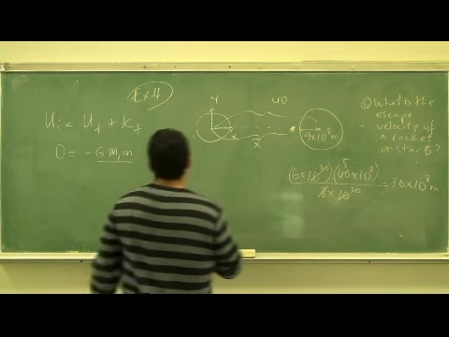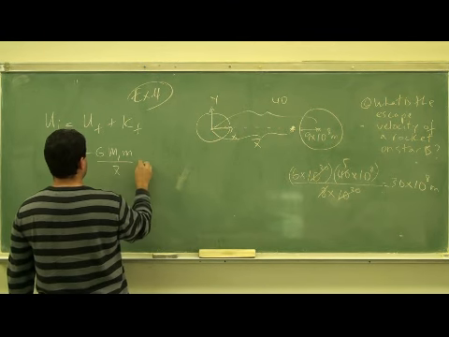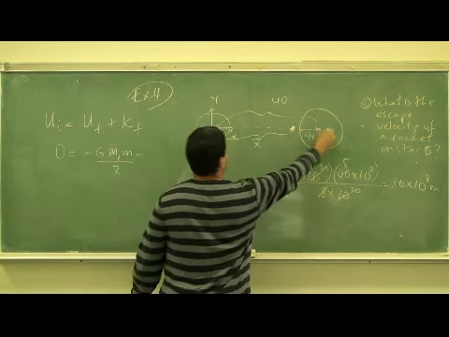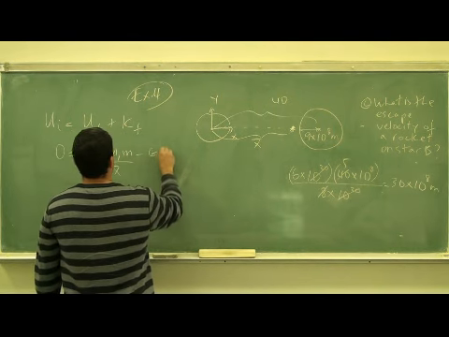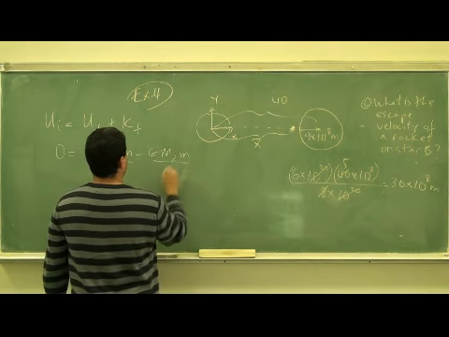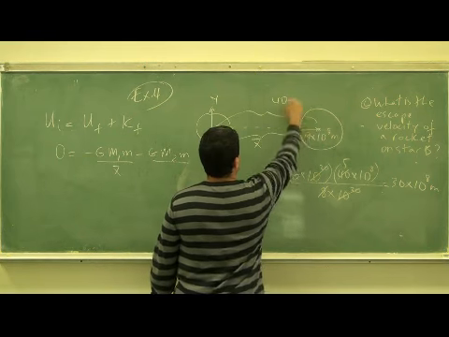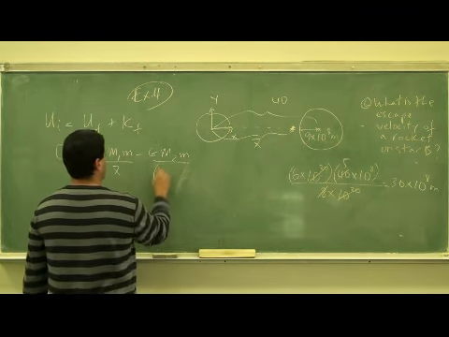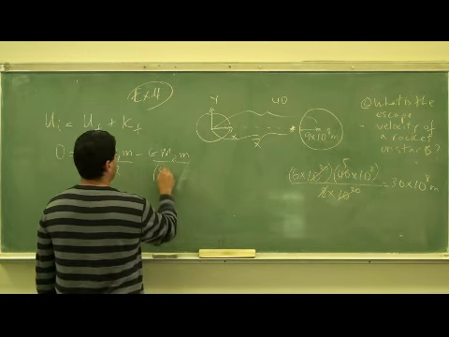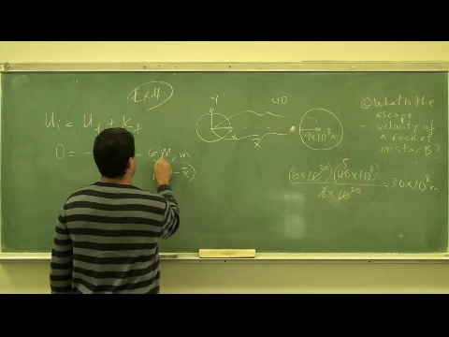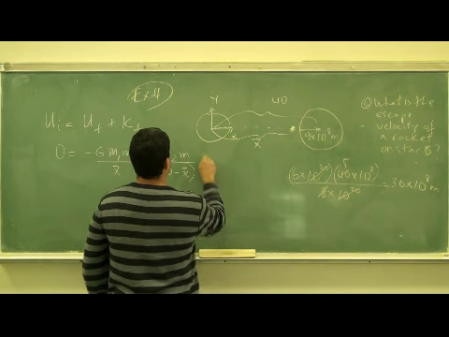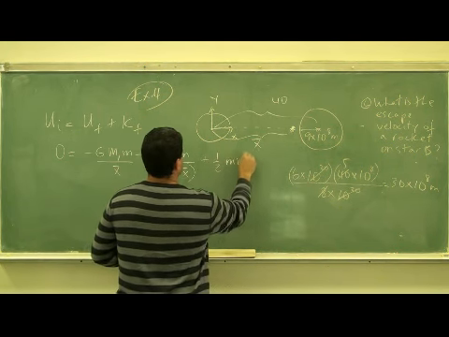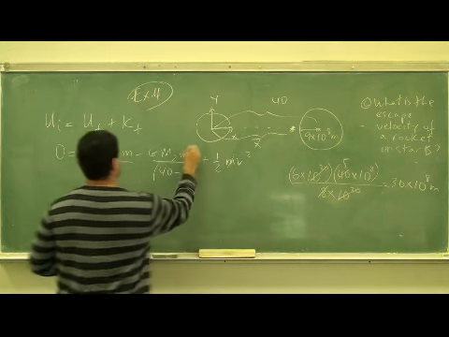That's the distance of the comet from star 1, minus the potential energy that the comet has with respect to the second star over the distance between here and here, which is 40 minus x bar, and plus the kinetic energy of the comet. And the mass of the comet cancels out.